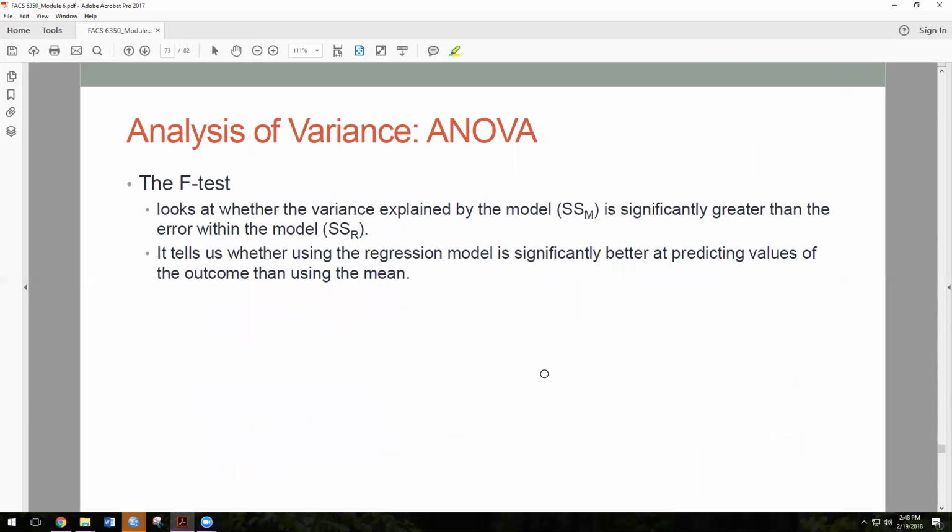And so my F test, again, is my ANOVA. It's my omnibus test, and it tells me about the variance of the sum of squares for the model and the sum of squares for the residuals. And so it tells me if my regression model is better than just using the mean.